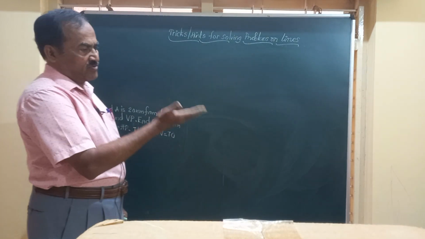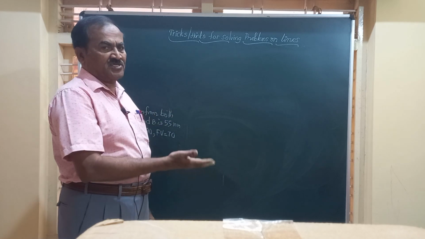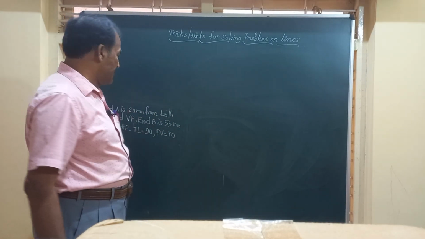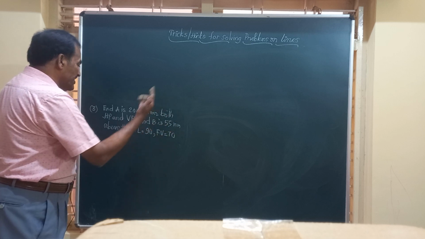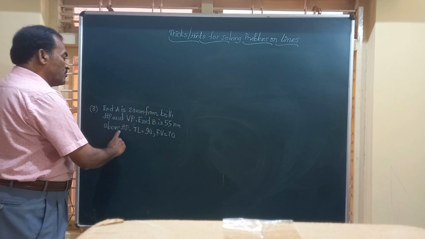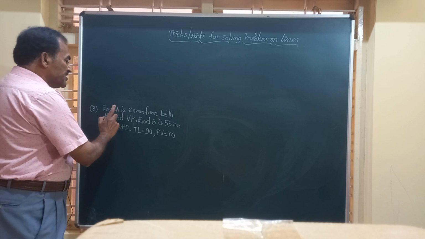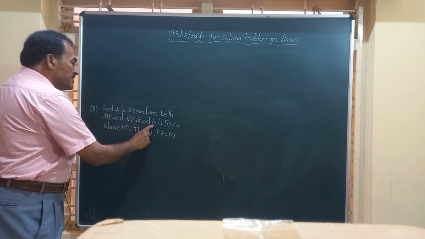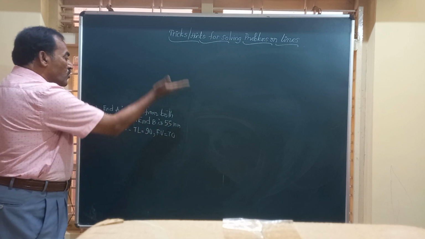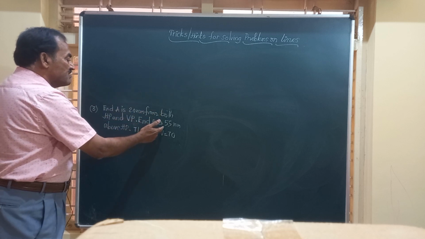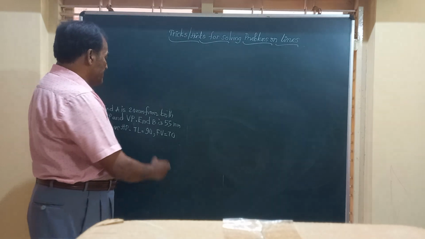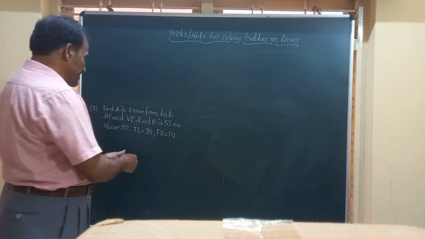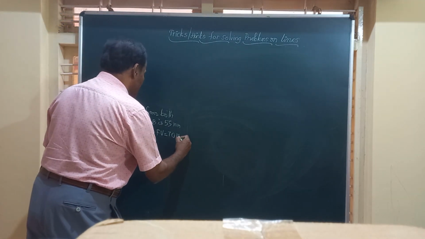So A dash is 20 mm above HP, and A is 20 mm below the XY line. End B is 55 millimeter above HP. End A is given completely, and for the end B, the distance from XY is given. The true length is given, and the front view is also given as 70 mm.